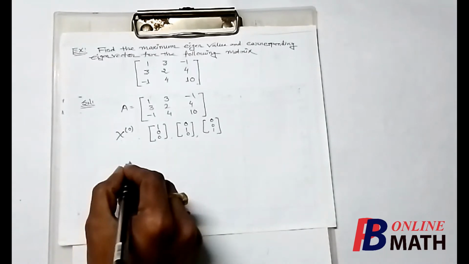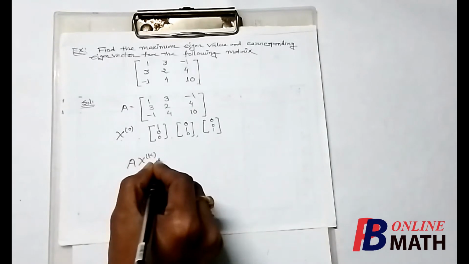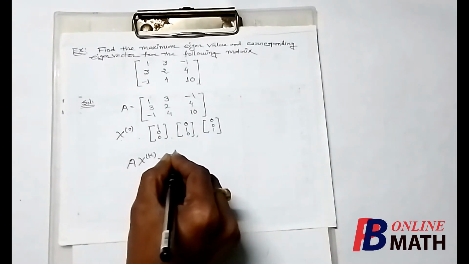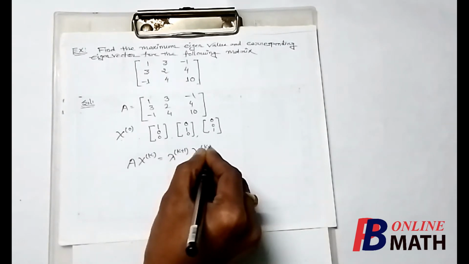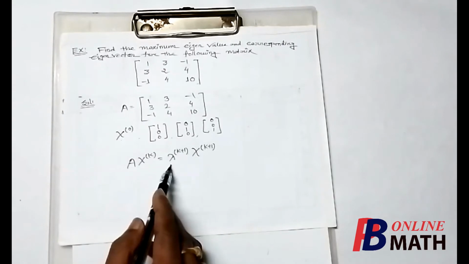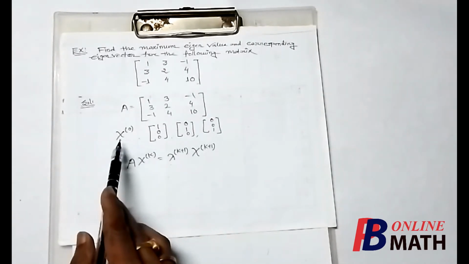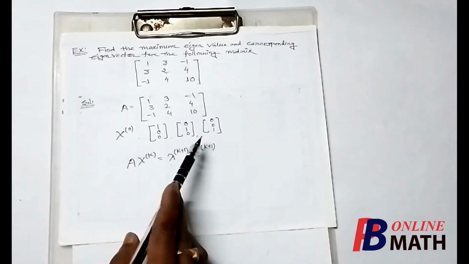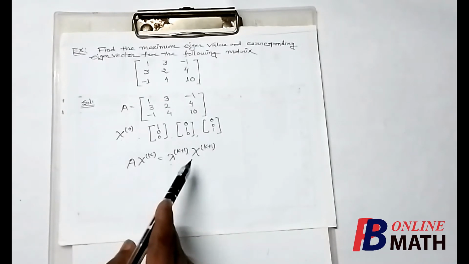We know that the iteration formula is A X_k, that is the kth approximation, equals lambda_(k+1) times x_(k+1), the k plus 1th approximation of the eigenvalue and eigenvector. So starting from this initial eigenvector, we shall find the successive eigenvalues and eigenvectors.